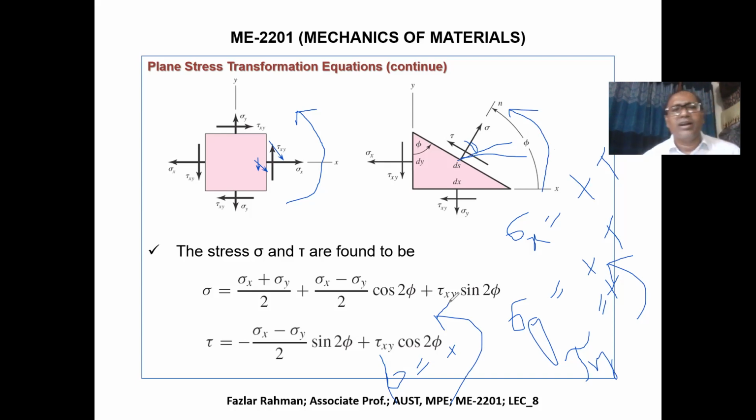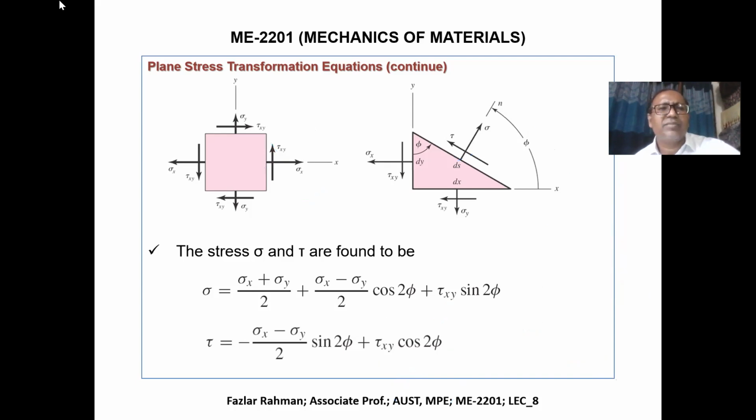Why? Right over here I put sigma x, sigma y, but I might put a plane stress element like that. So I'm showing this arrow, this is downward. And right over here, I'm saying shear stress going down.